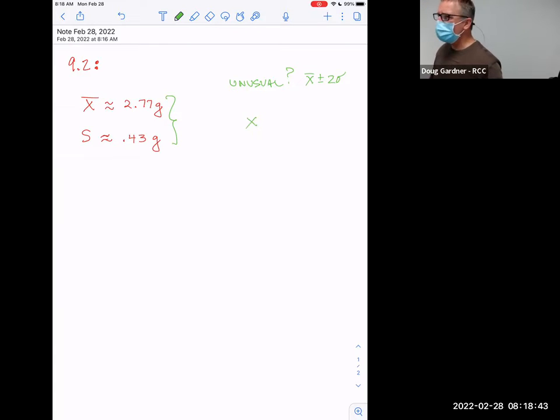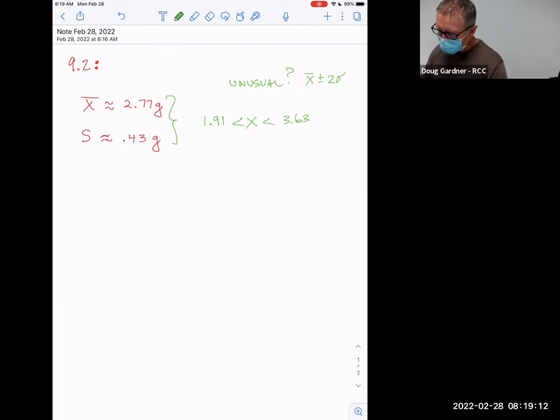Remember, the variable here is how much does it weigh? And in this case, there's variation. They're not all the same. So if I add 2 times 0.43 to 2.77, I get 3.63. If I subtract it, I get 1.91. So anything outside of that range would be unusual.